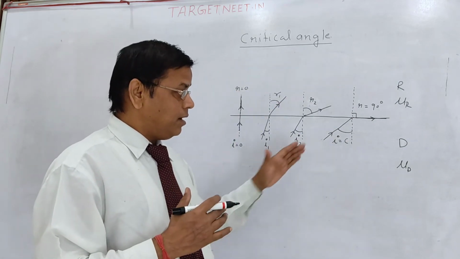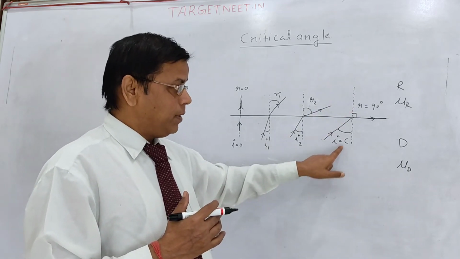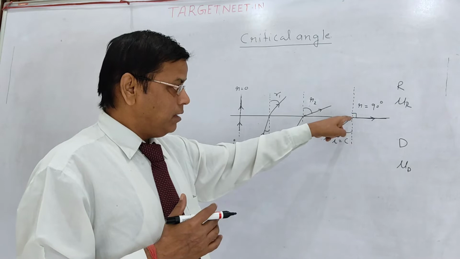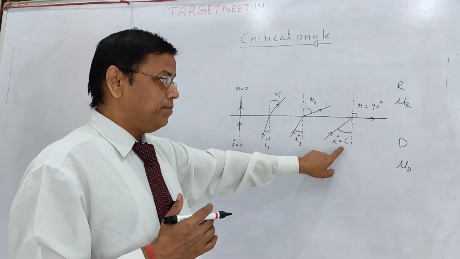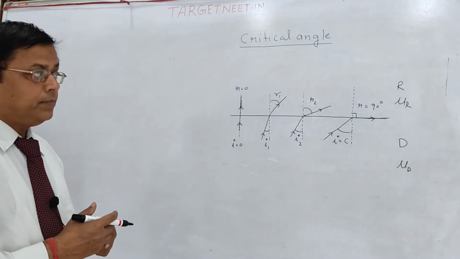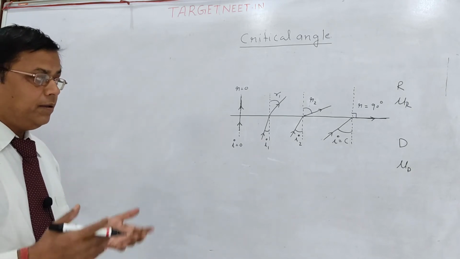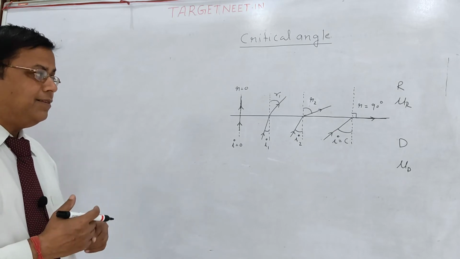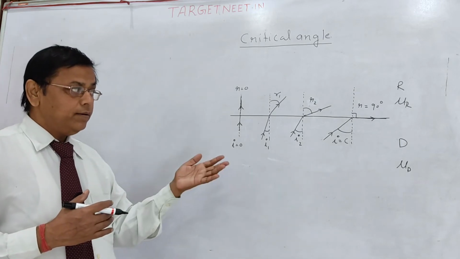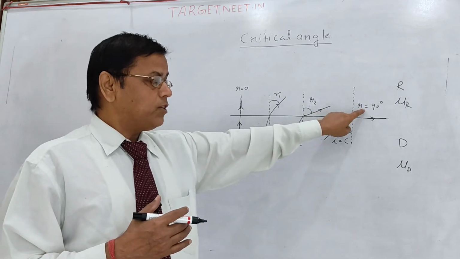But it is not necessary that light must go from denser to rarer medium in order to define critical angle. If light is incident at 90 degree in rarer medium, then it is refracted at angle C in denser medium. So if the angle in rarer medium is 90 degree, then the angle in denser medium is called critical angle, maybe angle of refraction or angle of incidence. So when light goes from denser to rarer, I say the angle of incidence at which the angle of refraction becomes 90 degree.